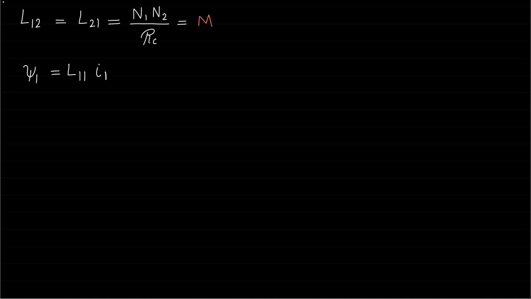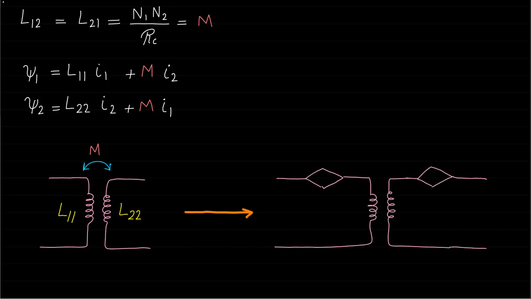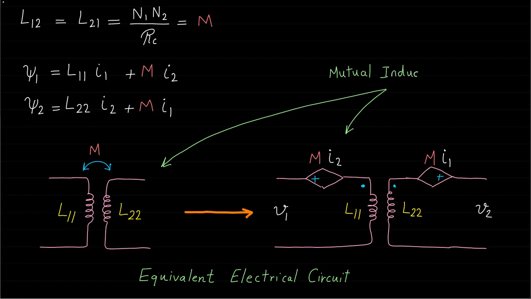Based on these equations, the electrical equivalent circuit of the magnetic circuit can be represented or modeled as follows. This type of modeling of multiple coils is called a mutual inductance representation.